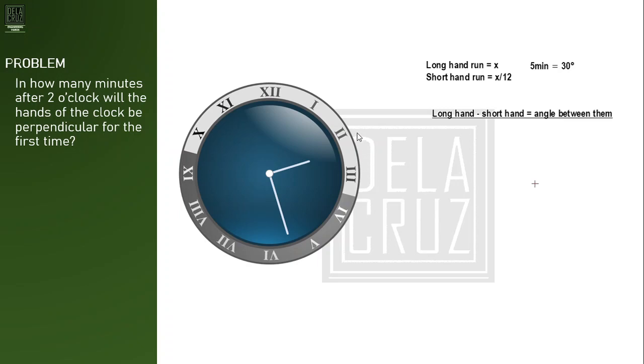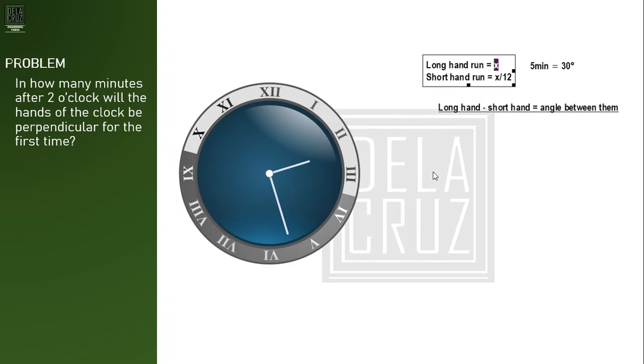So, how can we construct this into a mathematical equation? Paano natin ito gagawin into a mathematical equation? Okay, so take note that we'll be expressing the run of the long hand as x and the run of the short hand as x over 12. Now, ibalik natin.